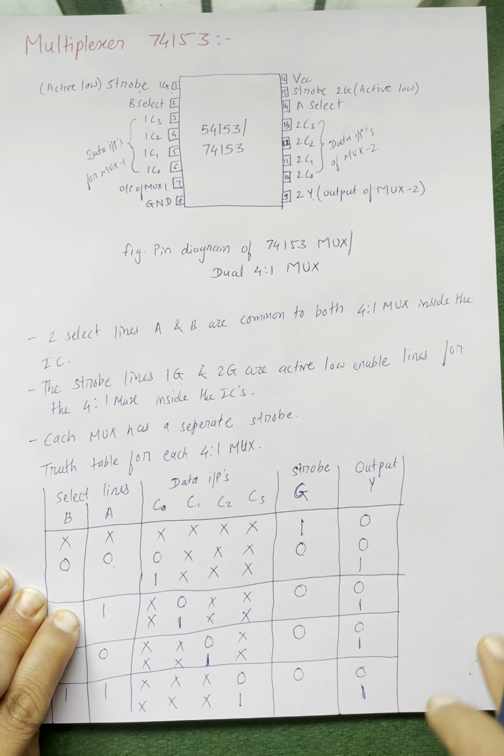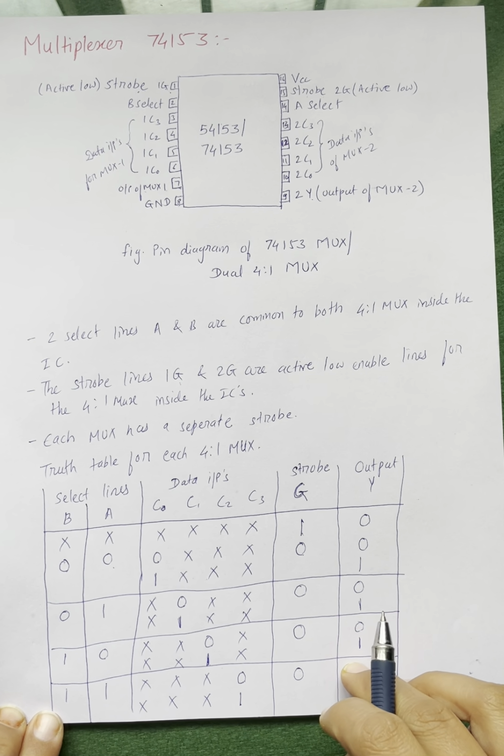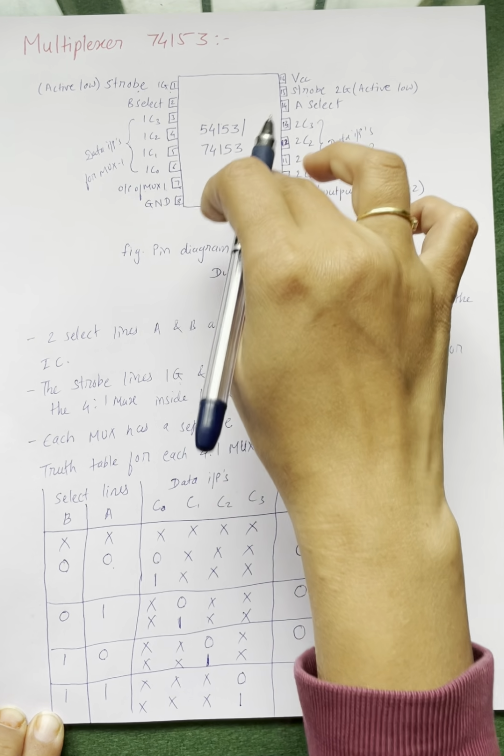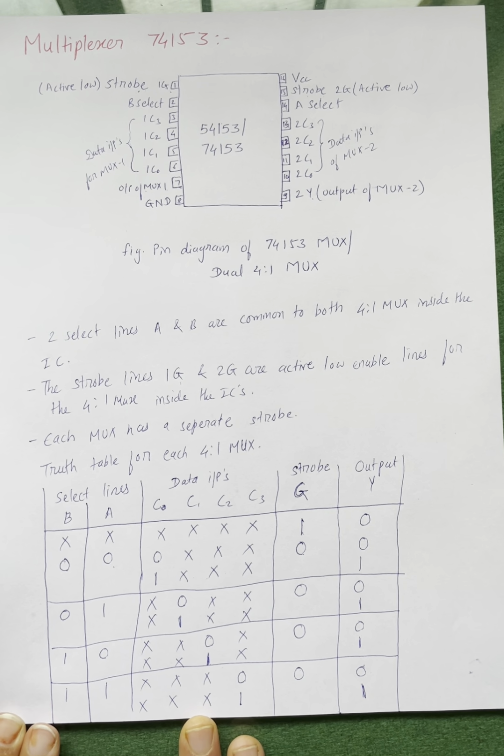So this is the truth table for each 4:1 mux in this IC. I just drew a common truth table for the 4:1 multiplexer of IC 74153. A similar truth table will be drawn for the second multiplexer in the same IC, right?